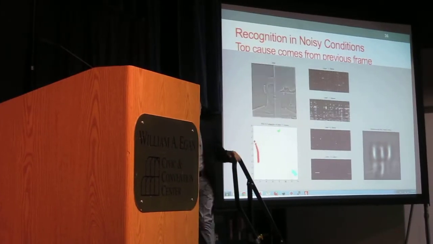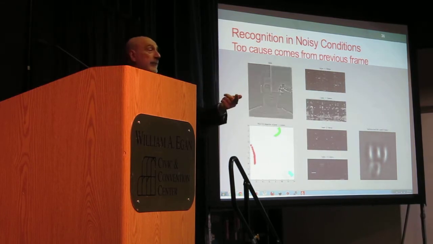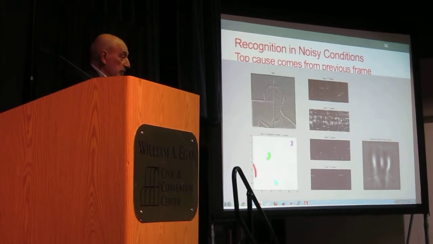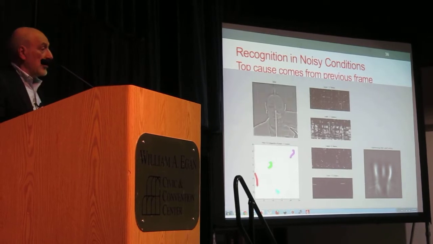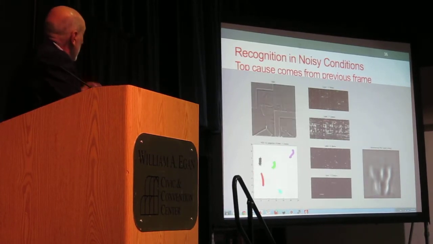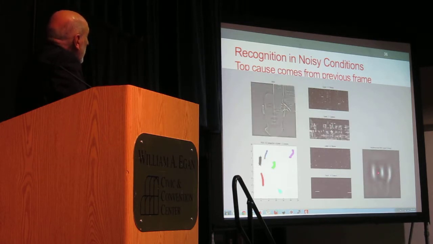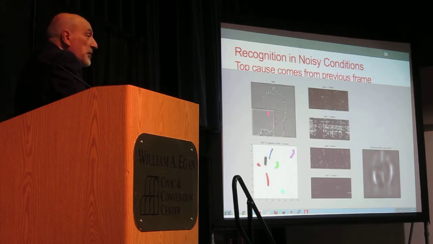And what we decided to do is to use the causes of the previous frame as input to the current frame. And it turns out that this simple modification stabilizes the internal representations of the network, while the input data changes drastically.